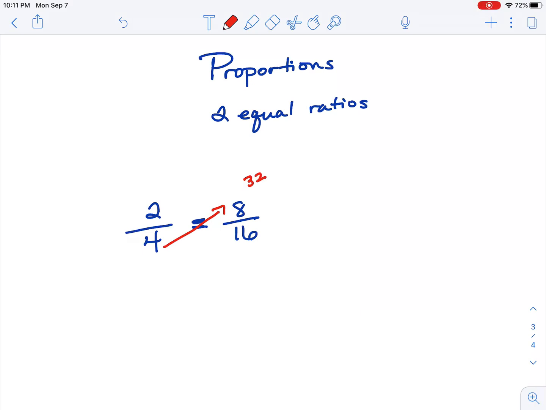If these two are really equal, when I multiply across this way, I will also get 32. So 16 times 2 is 32. Since when I multiplied across and across I got the same thing, that lets me know that these are truly equal, which means they are truly a proportion.